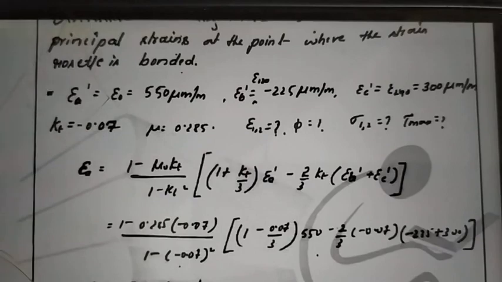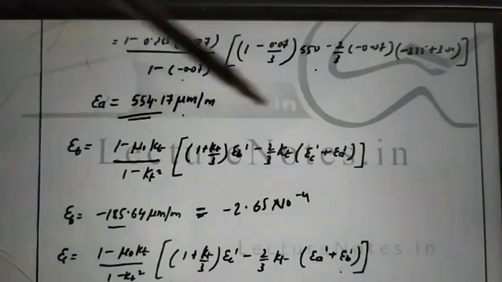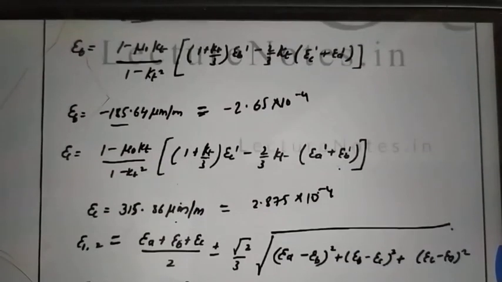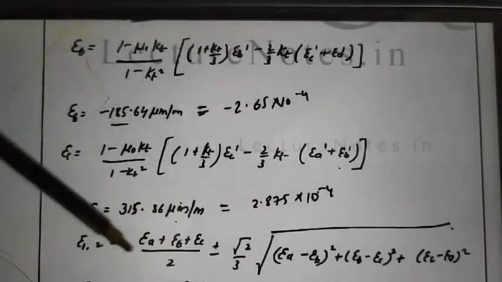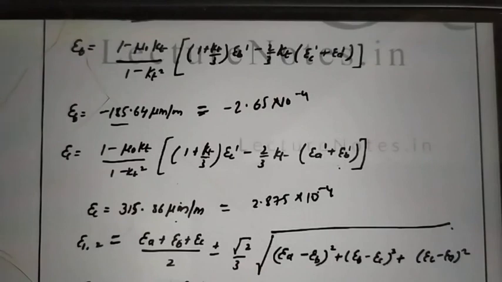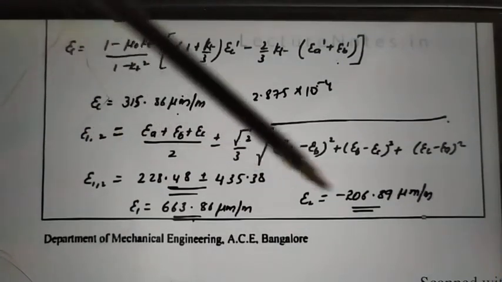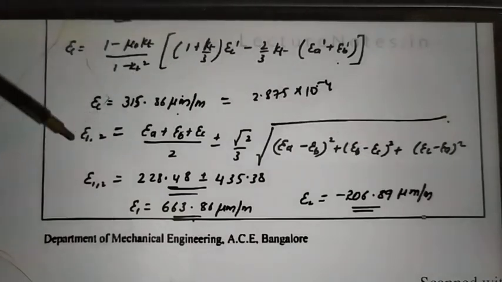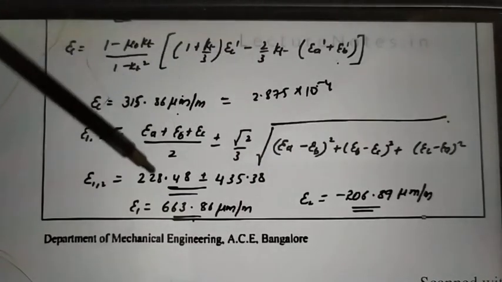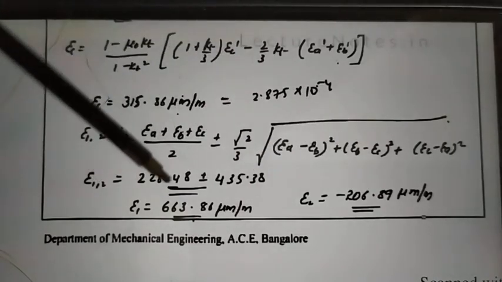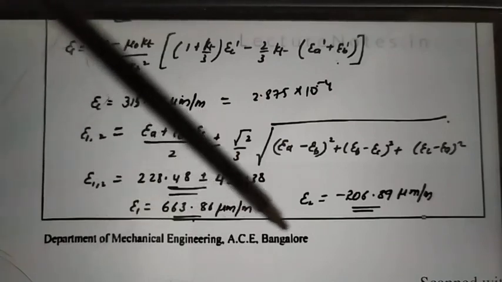So just substitute the values. Similarly, for epsilon b you have to remember this equation, and for epsilon c you have to remember this equation. You will get the epsilon a, epsilon b and epsilon c values. Finally, you are going to get epsilon 1 and epsilon 2 by substituting these values in this term.